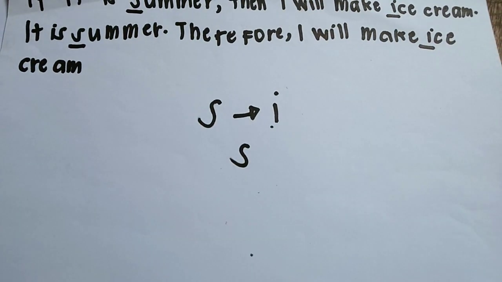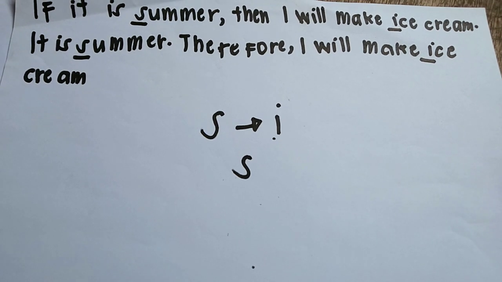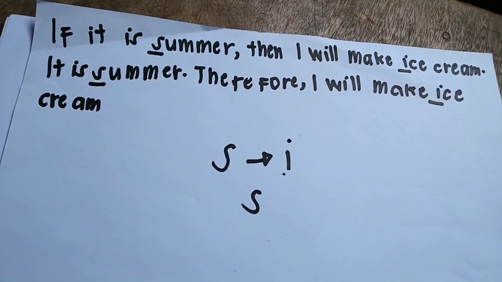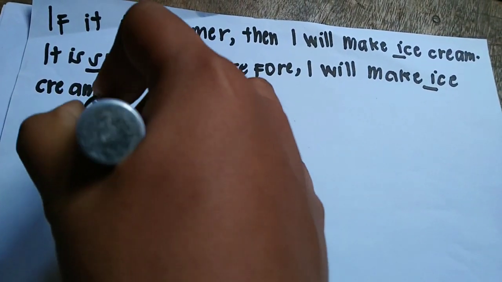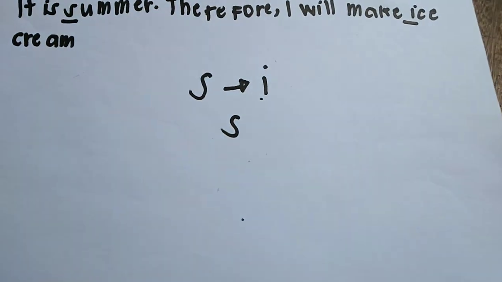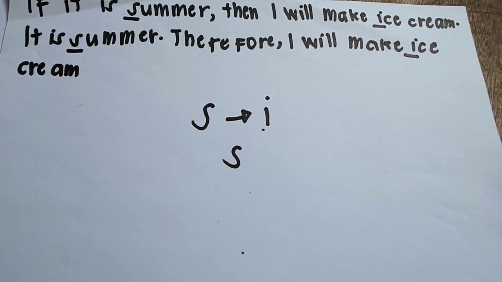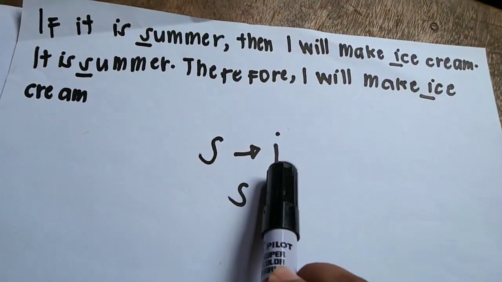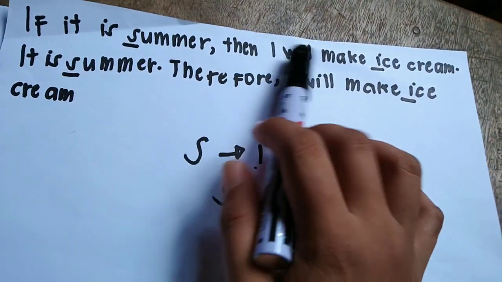Then, we proceed on our conclusion or our final statement, which is, therefore, I will make ice cream. So, kung titignan natin, ito lang yung consequence natin sa first premise natin. Yung I. Ito siya.